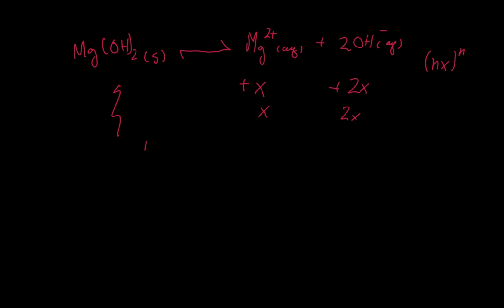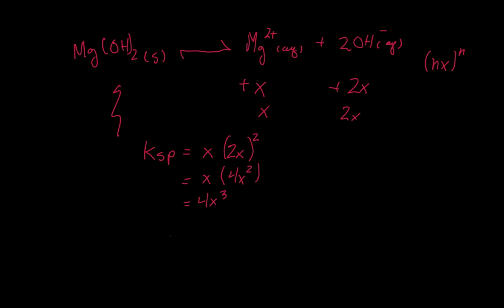Meaning our KSP expression is going to look like this. KSP equals X times, and now we're going to use this formula directly without writing it in the general case first, 2X squared, with 2 being our n value. We solve the exponent first. It gives us 4X squared, and then multiplying by the X gives 4X cubed. Once again, we have a value for the KSP as opposed to the molar solubility X, so we're going to solve for X here.